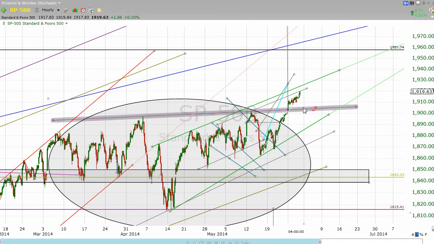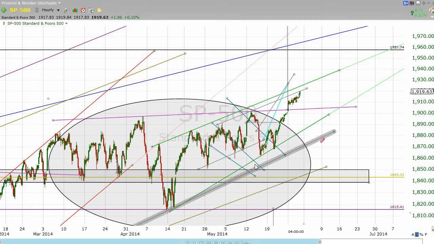A lot of times what takes place in that continuation pattern or consolidation gets thrown out the window once you break out and start up again, or break down and start to go down. So in other words, this bottom right here that I'm highlighting, I wouldn't expect that to have any meaning whatsoever going forward.